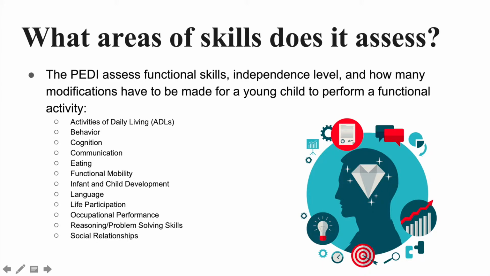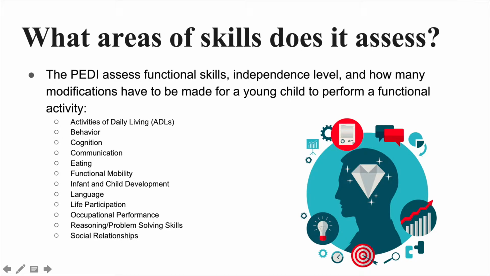The PEDI assesses a bunch of different areas of functional skills, independence levels, and then also how many modifications need to be made for a young child to perform a functional activity. So for example, these are the different areas that it covers. It covers activities of daily living, behavior, cognition, communication, eating, functional mobility, infant and child development, language, life participation, occupational performance, reasoning and problem-solving skills, and then also social relationships.